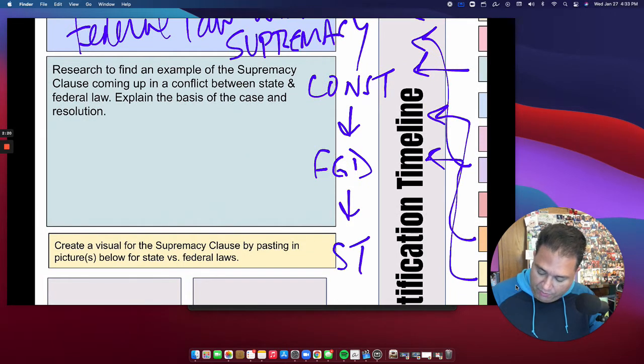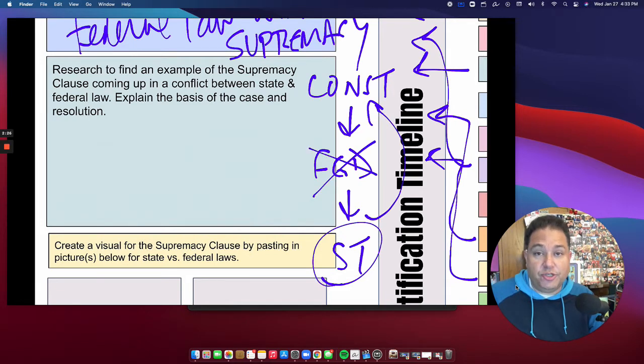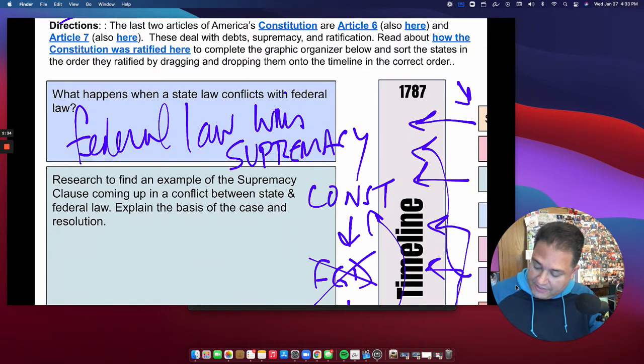But if you can prove that your state law is better because your state law complies with the Constitution and that federal law is unconstitutional, then the Constitution is the supreme law of the land. But if, as the question says, a state law conflicts with a federal law, the federal law is going to win because of the Supremacy Clause.